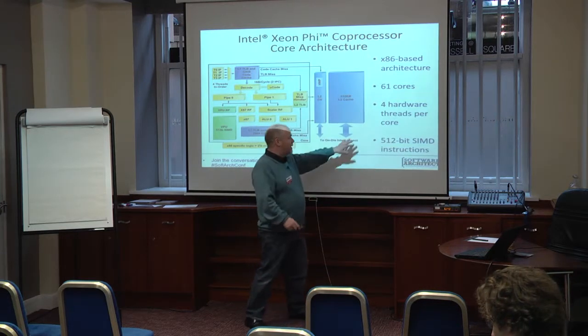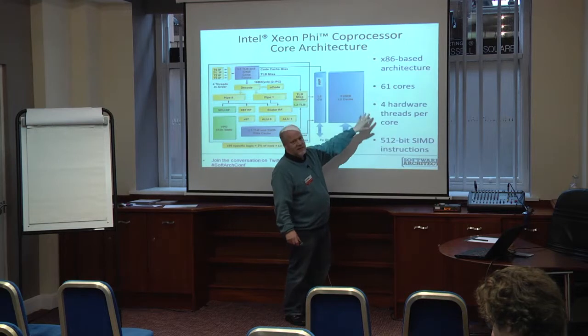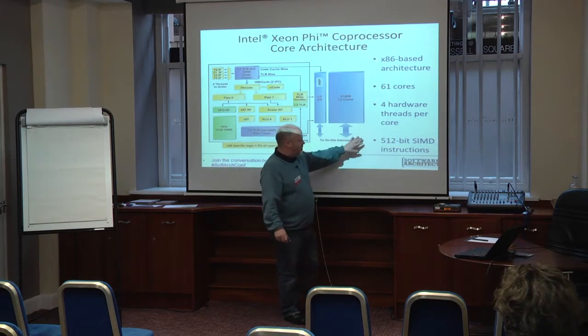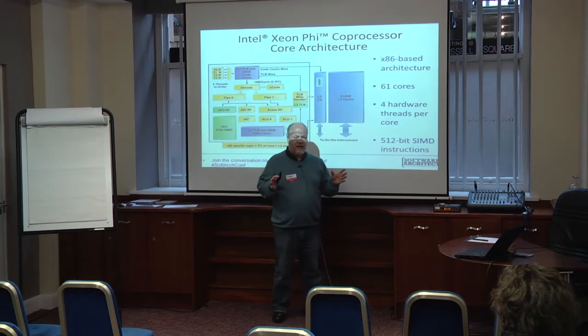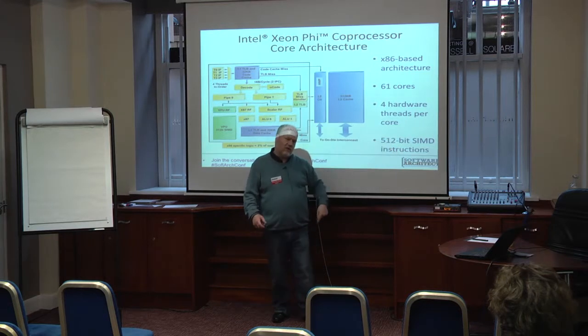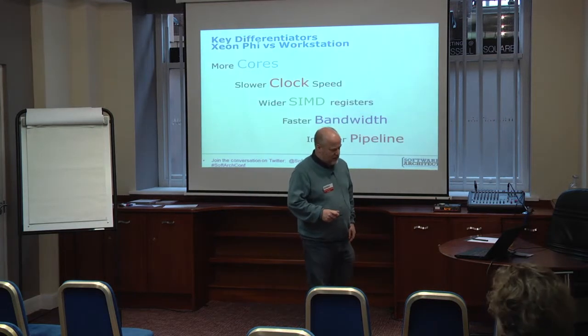Those hardware threads are used to service the 61 cores, and I'll talk a bit more about that. The other point is that there are some wide SIMD registers. They're 512 bits wide. And again, I'll talk about that in a few more minutes.